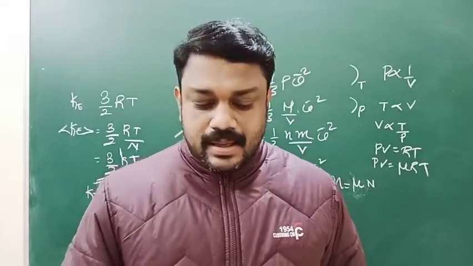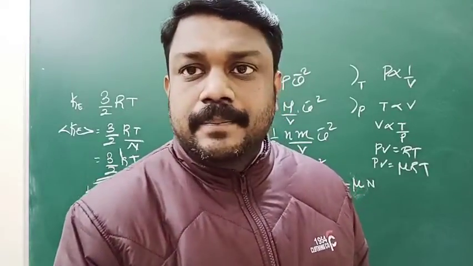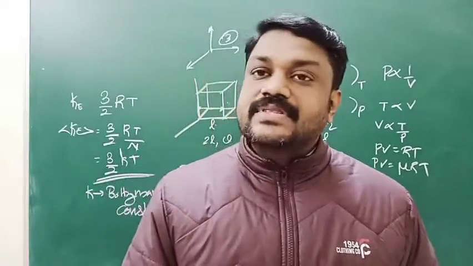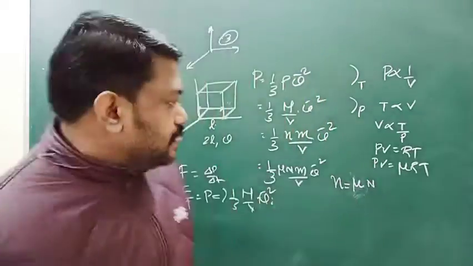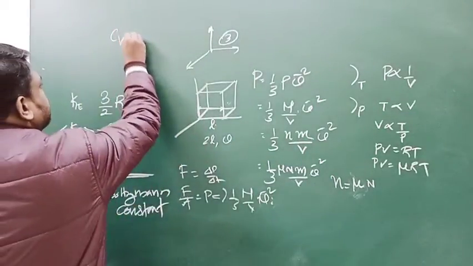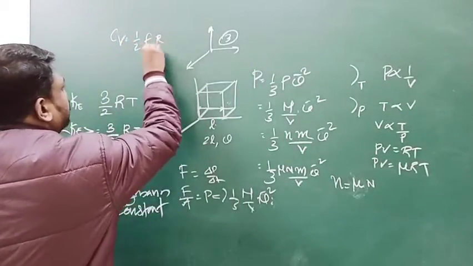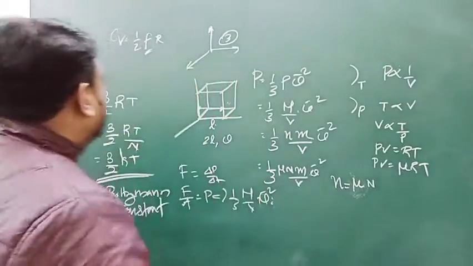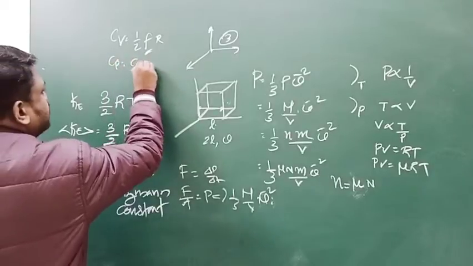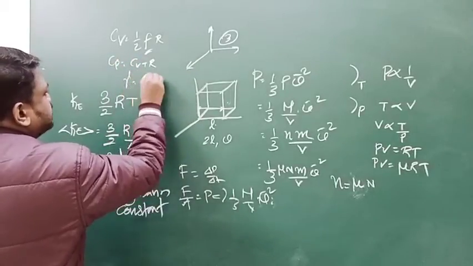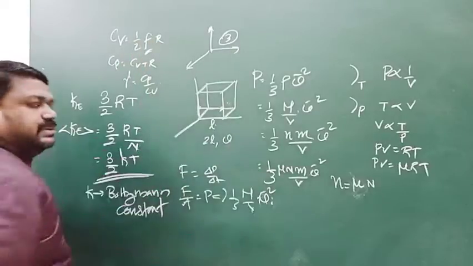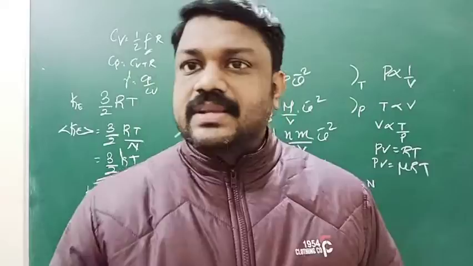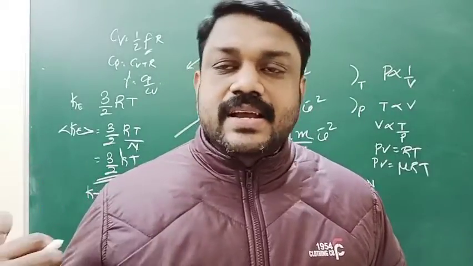If you know the degrees of freedom for a particular system, Cv is equal to 1 by 2 fR, where f is the number of degrees of freedom, and Cp is Cv plus R. So gamma is equal to Cp by Cv, and you can easily calculate it and make use of it.